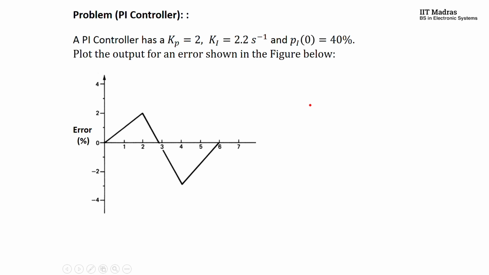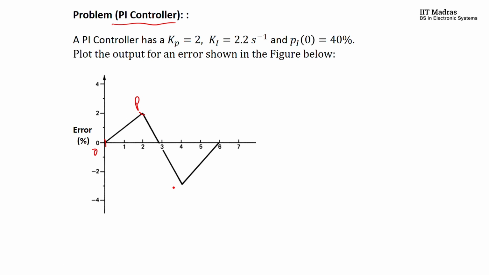First, let's talk about an example for a PI controller which will clarify how to plot the control output for a given error curve. So if you see here, you have this error curve, the piecewise different error curve, which starts from 0.